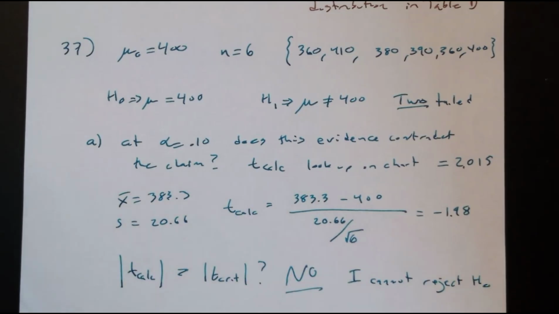And that means this evidence does not contradict the claim. As far as this pile of 6 gallons of paint is concerned, any variability here was just up to randomness.